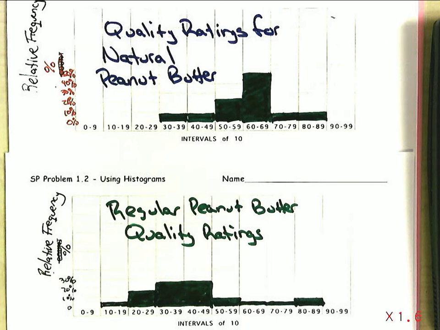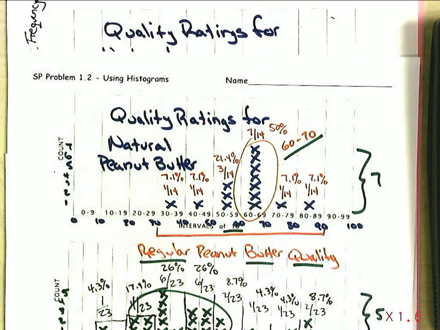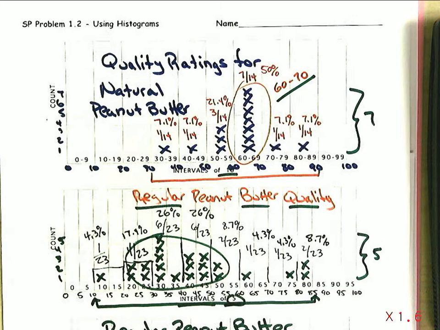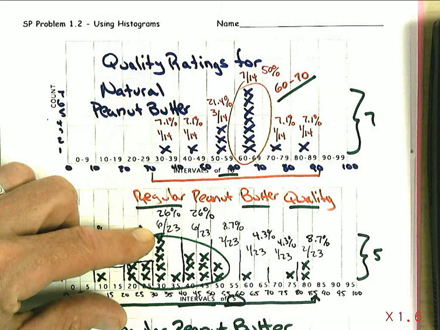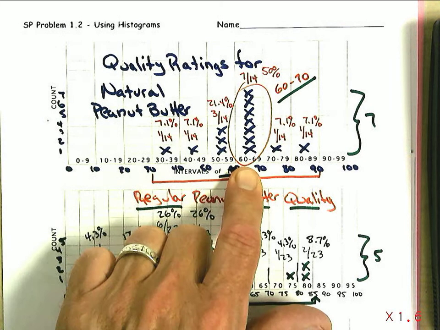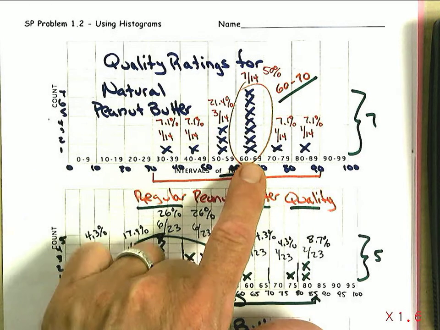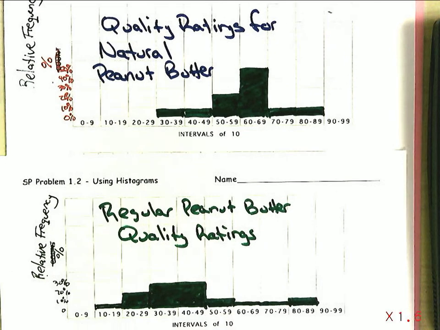So we could say, as a general idea, that the regular peanut butters tend to cluster down here in the 30 to 50, and the natural peanut butters cluster up much higher in the 60 to 70 range. And that shows in all of our histograms, regardless of the ways that we do it.